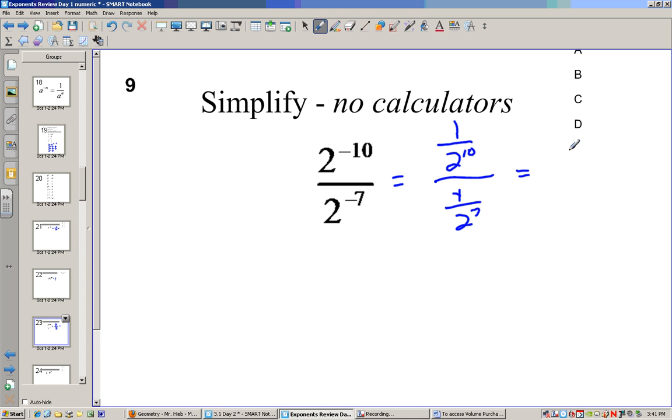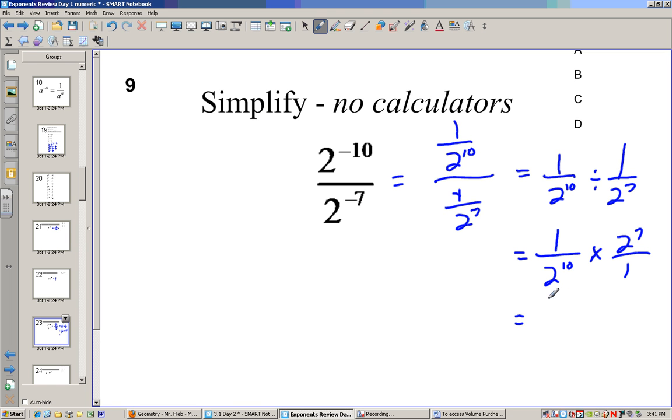And when you're dividing fractions, 1 over 2 to the 10th divided by 1 over 2 to the 7th, you multiply by the reciprocal, so 2 to the 7th over 1, so that's going to be 2 to the 7th over 2 to the 10th, which is 1 over 2 to the 3rd, or 2 to the negative 3rd, which is 1 over 8.